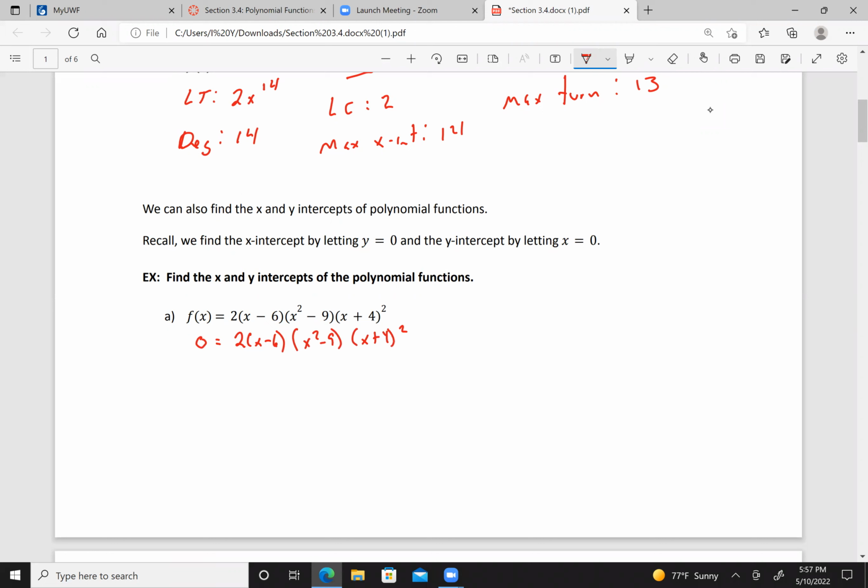So what this means is x minus 6 equals 0, or x squared minus 9 equals 0, or x plus 4 equals 0. So here we have x equals 6, x squared equals 9, so x equals plus or minus 3, and x equals negative 4.